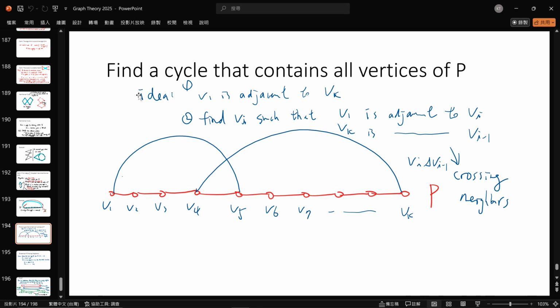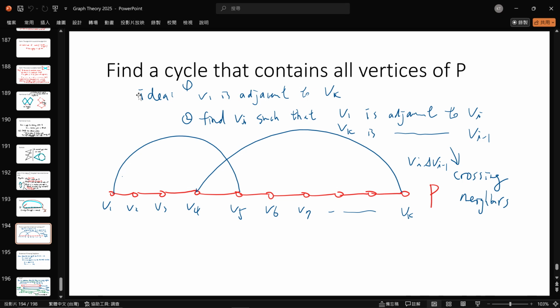These two crossing edges have the property that their endpoints are V1 and Vk, and they cross each other in the sense that you can find two consecutive vertices on the path, like here V4 and V5, such that the left vertex is adjacent to Vk and the right vertex is adjacent to V1.